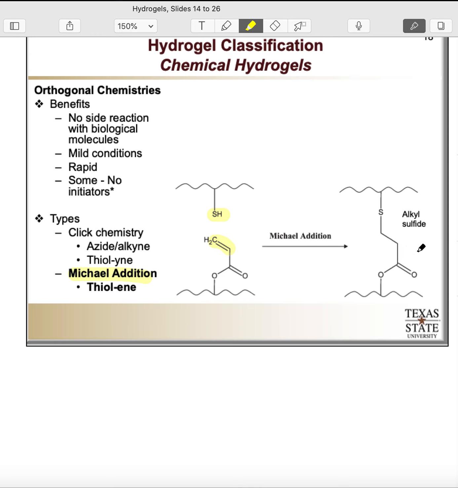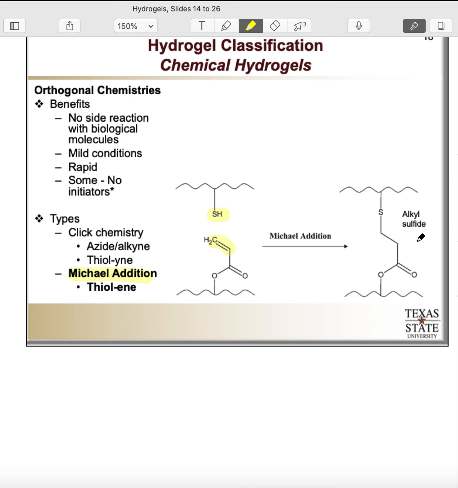The group of Dr. Christopher Bowman at the University of Colorado has utilized this reaction for the formation of a number of hydrogel systems. And this particular reaction occurs in high yield, has good stereoselectivity and high rate. And it can occur through two mechanisms.